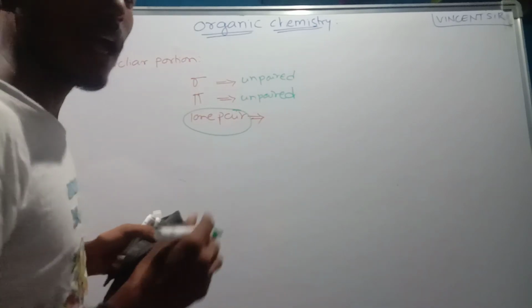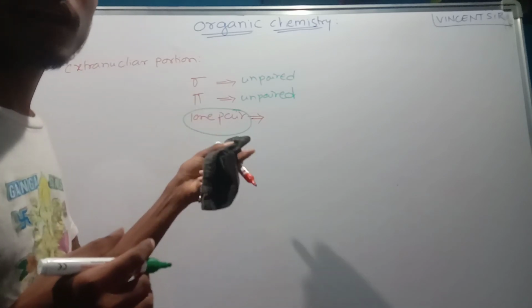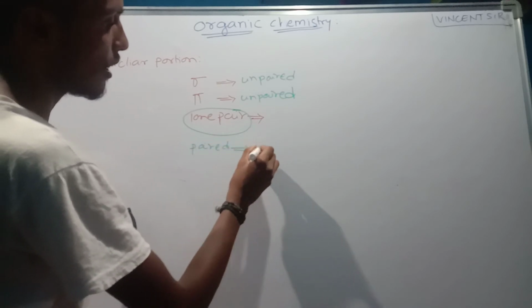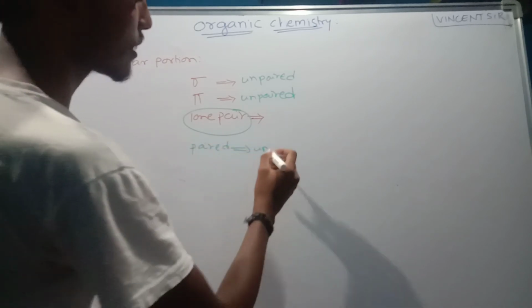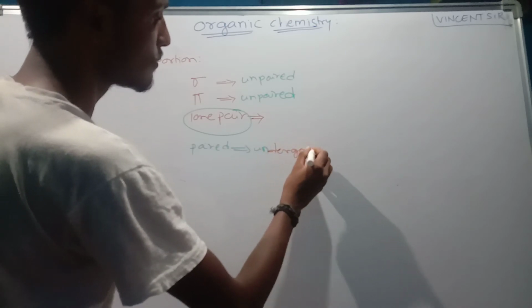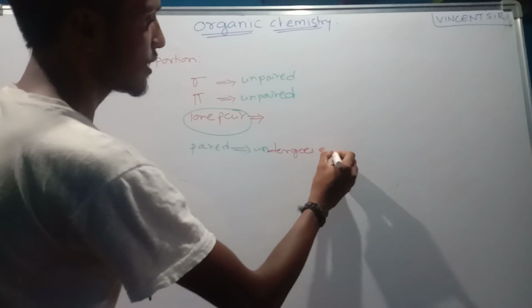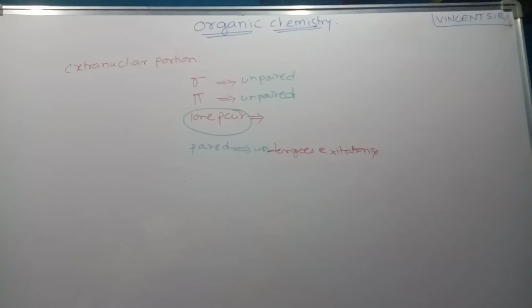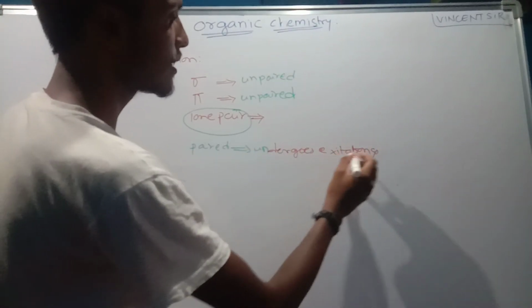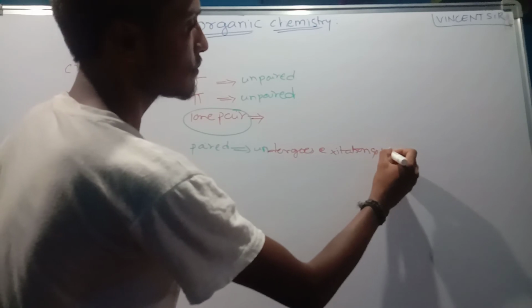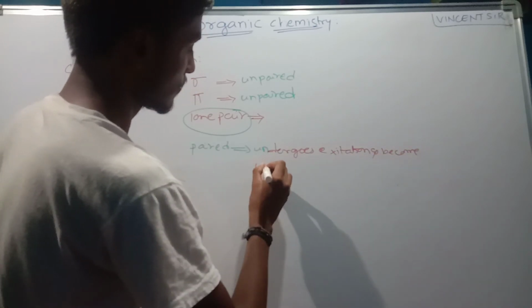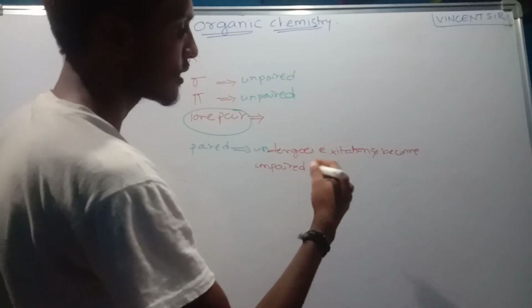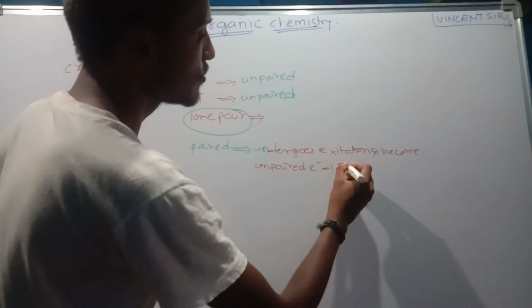And if an atom has empty orbitals, the paired electrons undergo excitation and become unpaired electrons, and thereby participate in sigma and pi bonding.